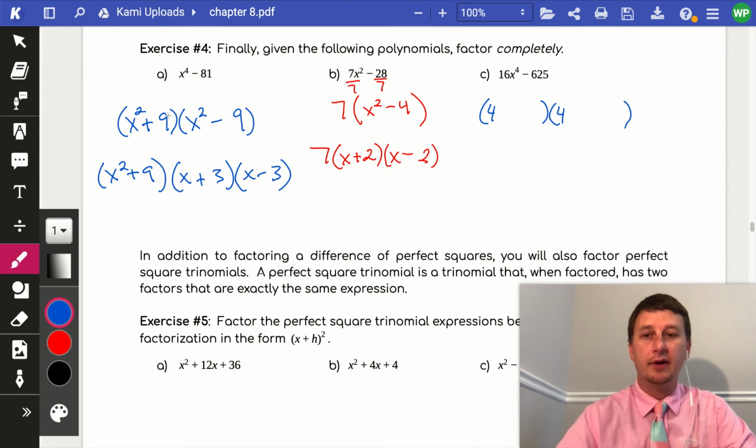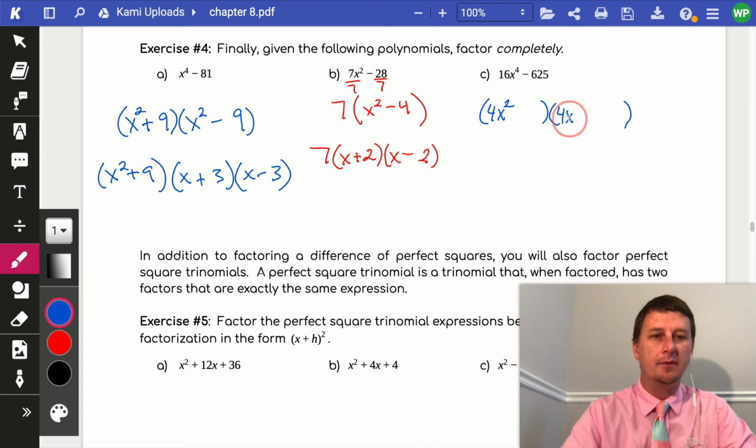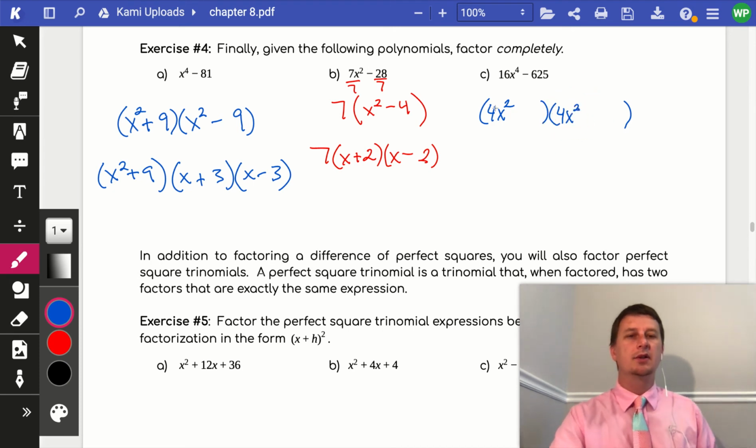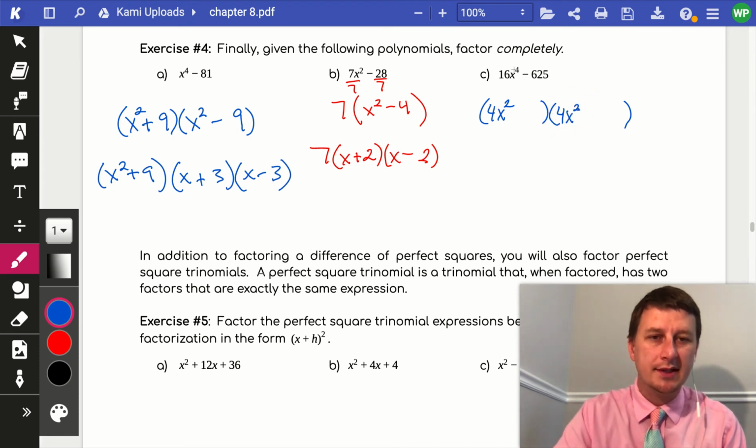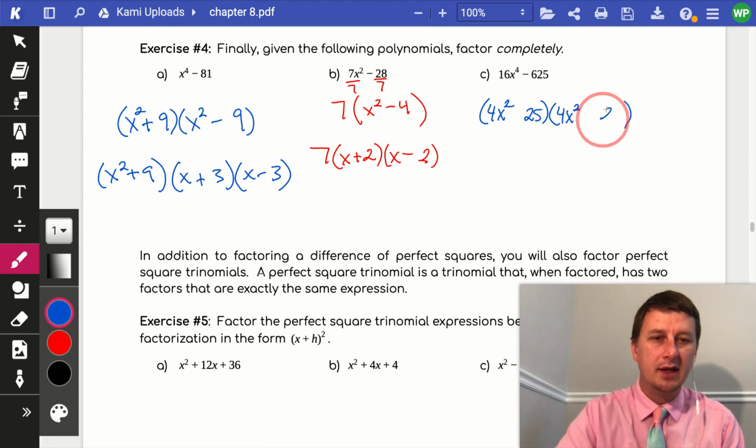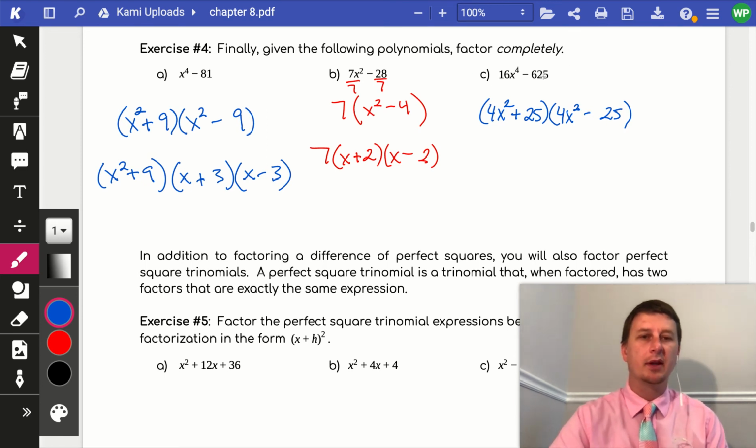We saw over here that x squared times x squared is x to the fourth. So 4x squared times 4x squared is 16x to the fourth. And now finally, 625 is a perfect square because 25 times 25 is 625. Once again, separate with a plus and a minus.